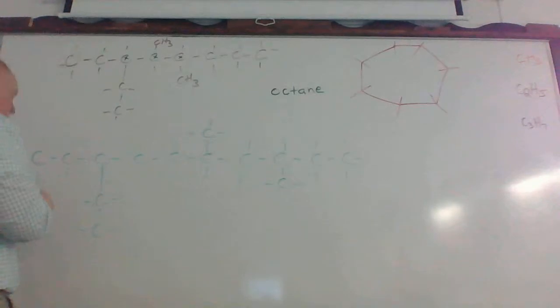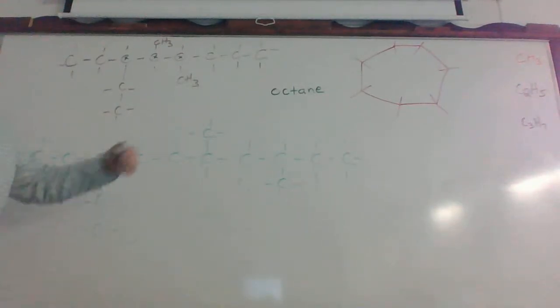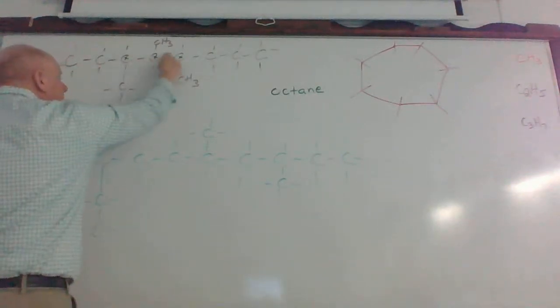What are the derivatives branching off of this parent chain? Methyl and ethyl. There's an ethyl group and 2 methyl groups, so we have to account for all 3 of them.